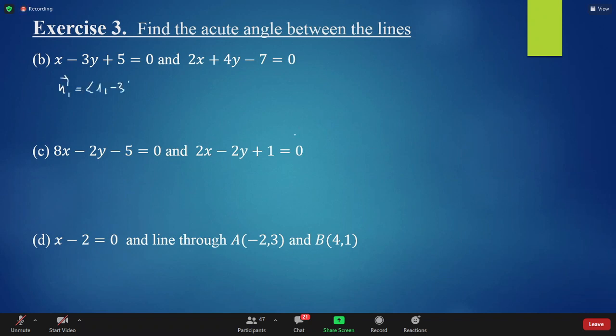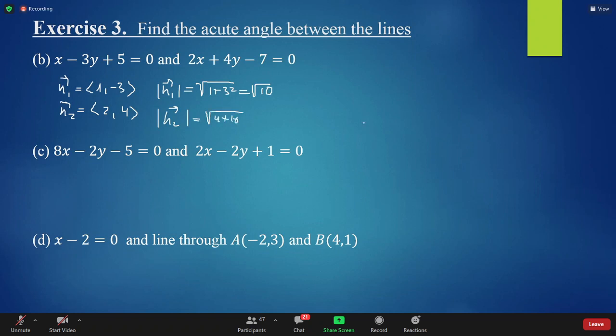The normal vector for the second line is (2, 4). For the magnitudes, the magnitude of the first normal vector is square root of 1 plus 3 squared, that's square root of 10. And the magnitude of the second normal vector is square root of 4 plus 16. That is square root of 20.